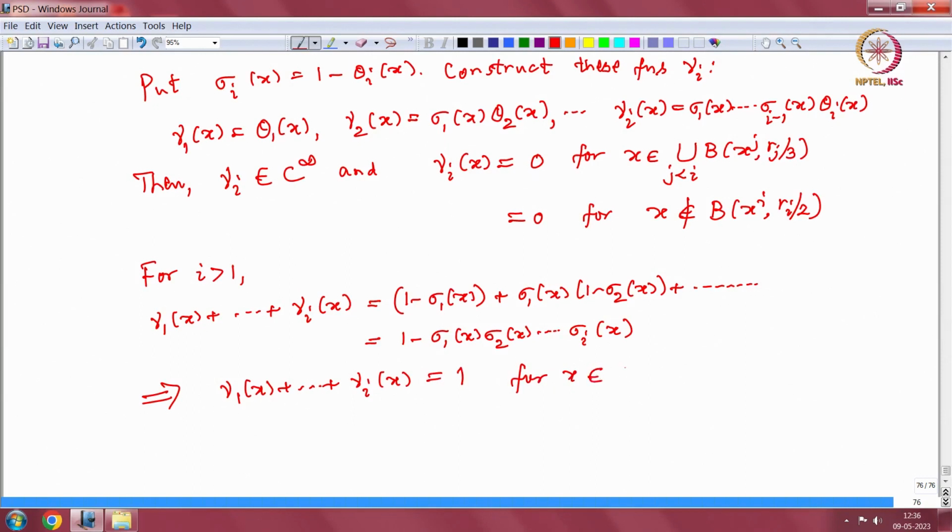in the union of balls B(x_j, r_j/3), j less than or equal to 1. Okay. So in particular for x in B(x_i).